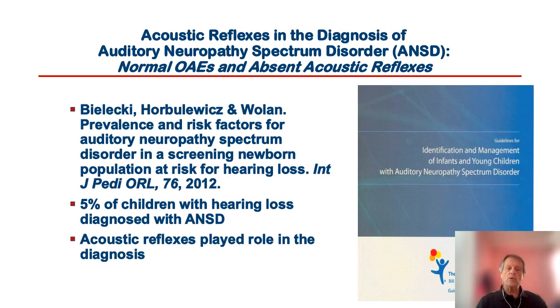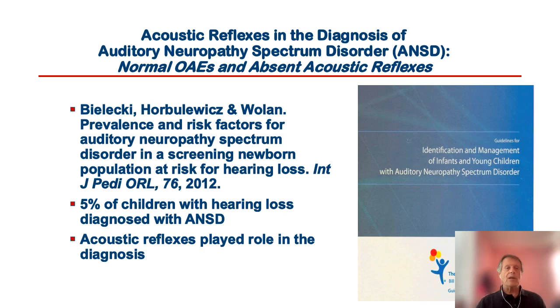The research shows that OAEs are present or normal, and the reflexes are absent. So there are no acoustic reflexes, but the OAEs are normal, is a very, very convincing set of evidence, or combination of findings, for a child with auditory neuropathy.